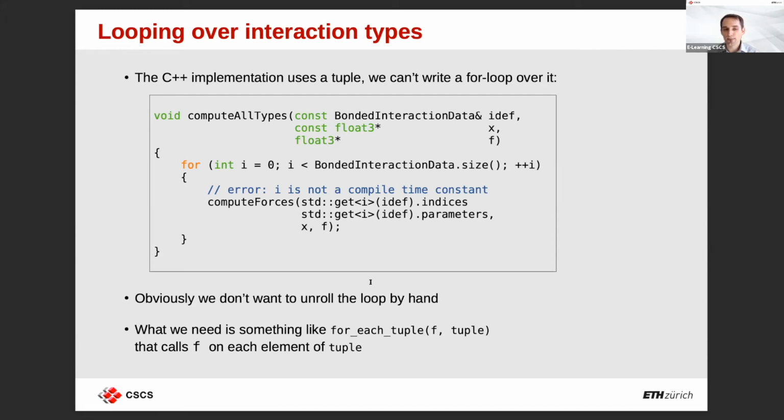So unrolling this loop by hand and just calling it manually for every separate type is also not an option, since we don't want to repeat ourselves. And what we really need is something like for each tuple, where we can apply a function object to all the elements inside a tuple.